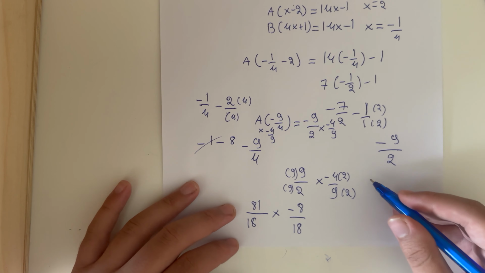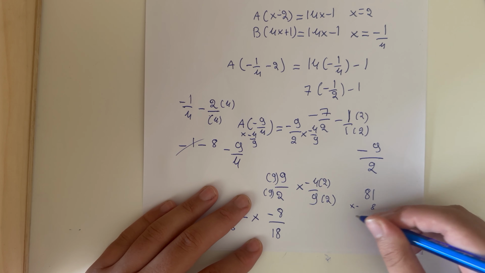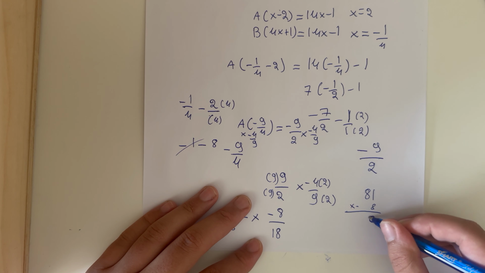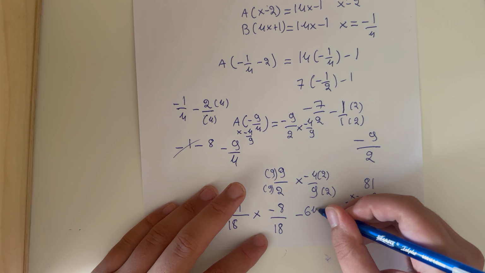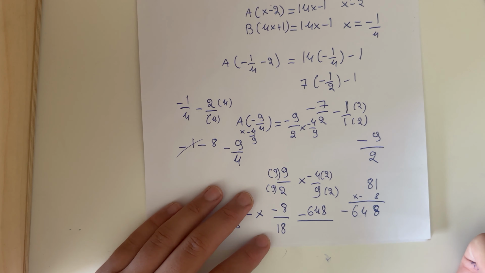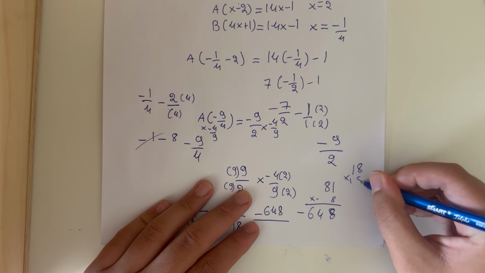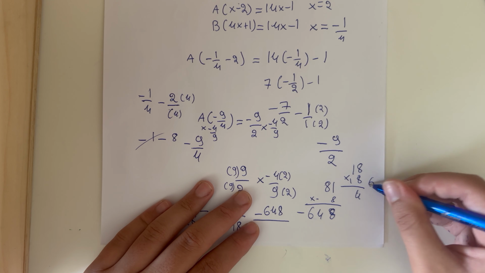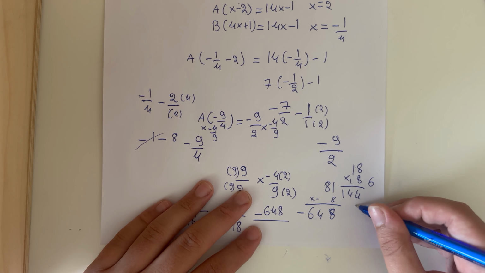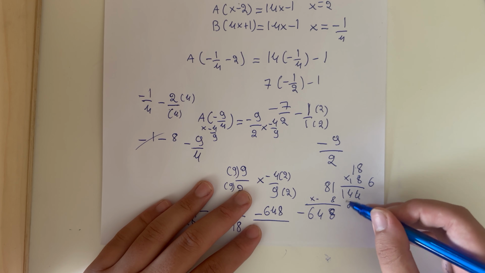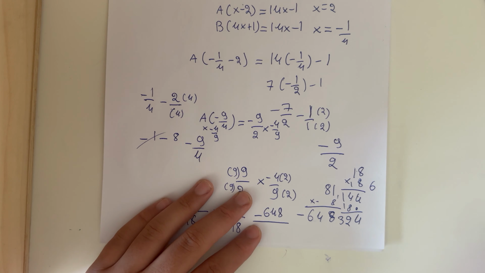So then we do 81 times negative 8, so we're left with negative 648. And then we have 18 times 18, which is 324.